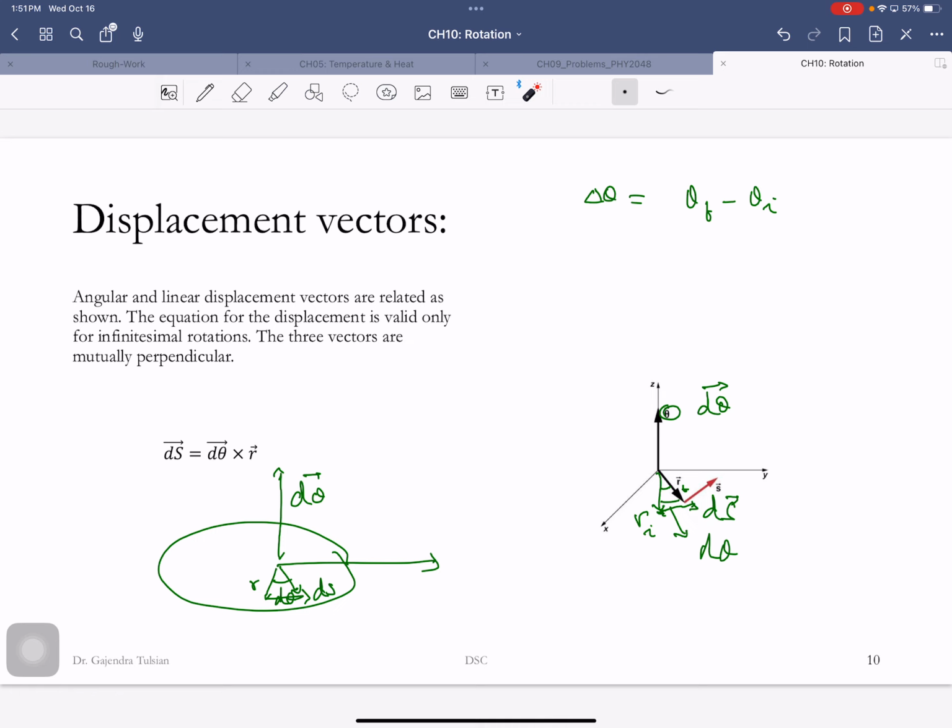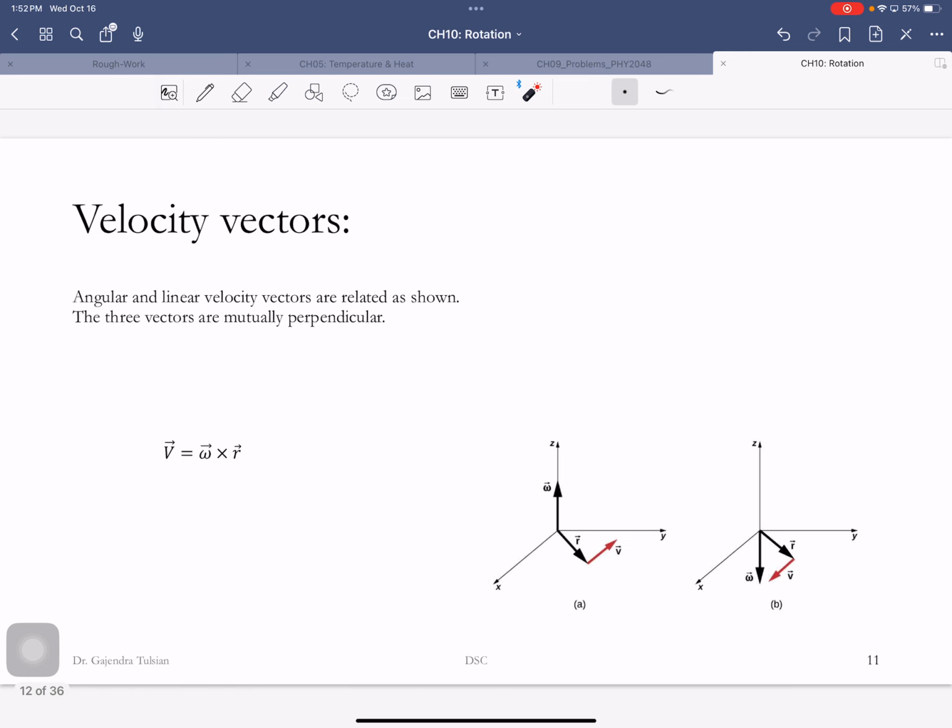So there's the vector nature of that displacement. Again, all the vectors point along the axis of rotation, and if the object is rotating this way, the displacement vector is pointing in that direction. Again, we won't worry about that too much.